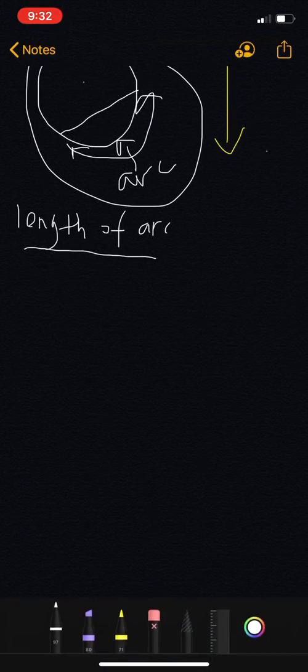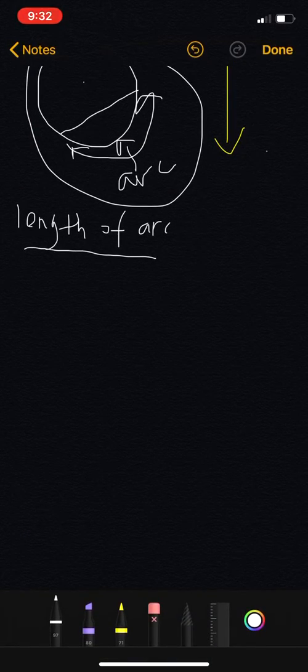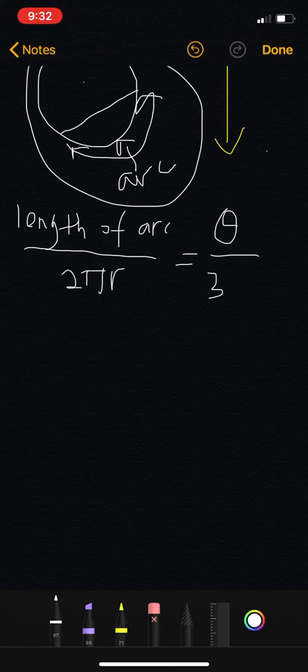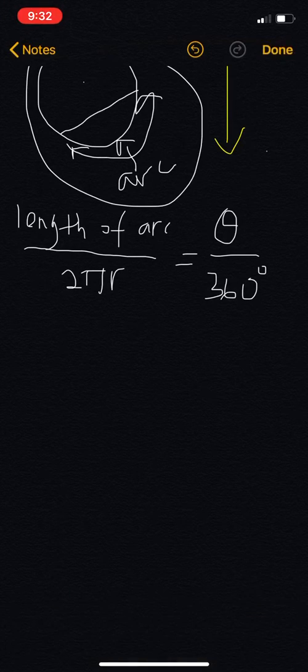So length of arc over 2 pi r is equal to the angle at the center, which we denote as theta, over 360 degrees, because for one complete circle the angle will be 360 degrees.